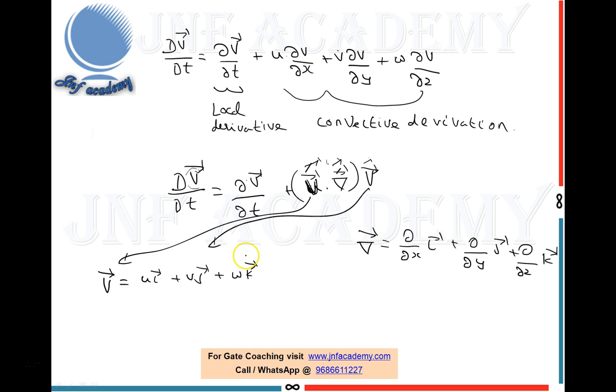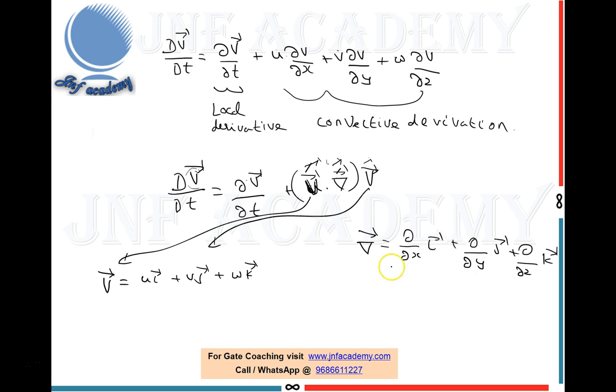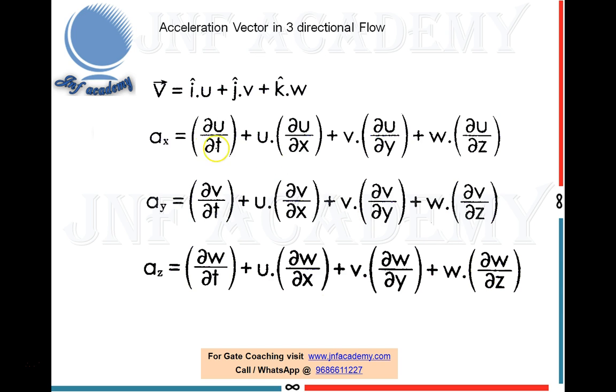Along the x direction, what is the acceleration? Along the y direction, what is the acceleration? Along the z direction, what is the acceleration? That is given here. So the V vector is i u vector plus j v vector plus k w vector, and if you substitute this V vector into this equation, which is ∂V vector by ∂t, you will get a_x, a_y, because you will get three equations, right?